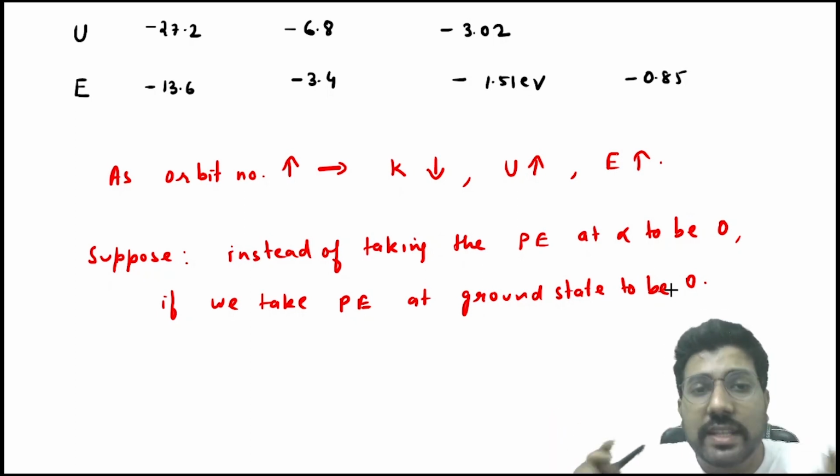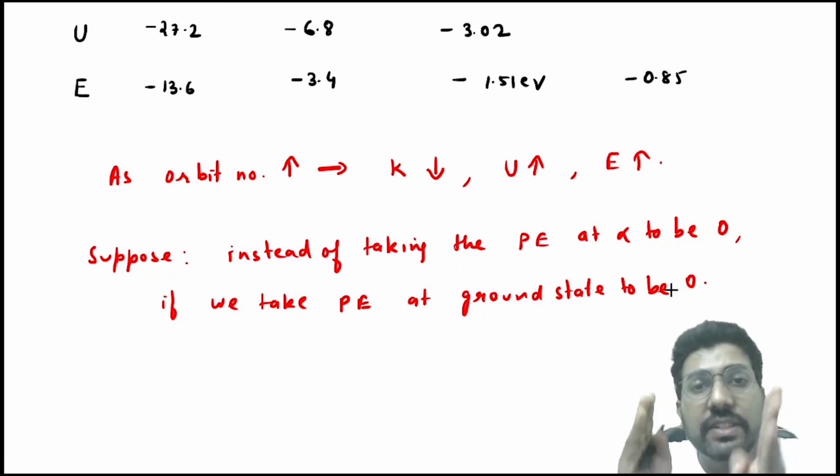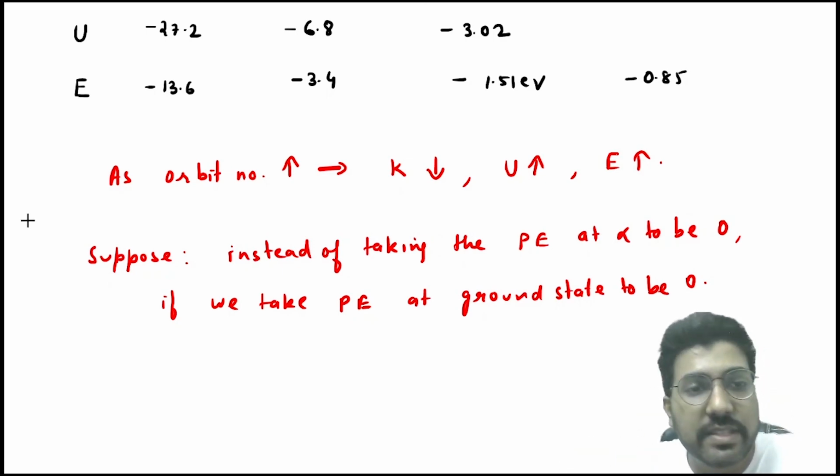The only thing that you have to understand here is that the difference has to be fixed, right? The difference between two orbits, the potential energy difference between two orbits has to be fixed.